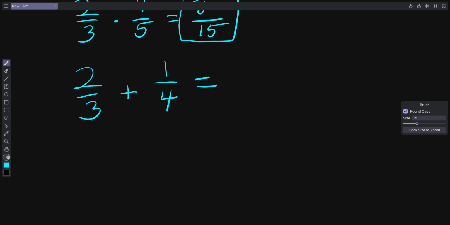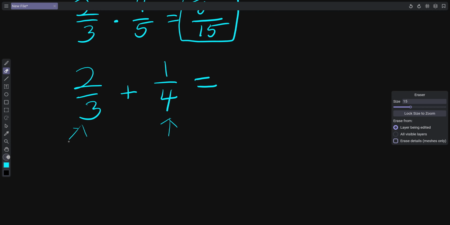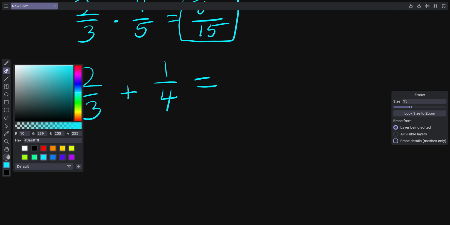Well, if we take a look at 3 and 4, we could multiply 3 by 4 and 4 by 3 to get these to be equal, but we'd also have to think about the numerators as well. So I'm going to choose another color, say purple.